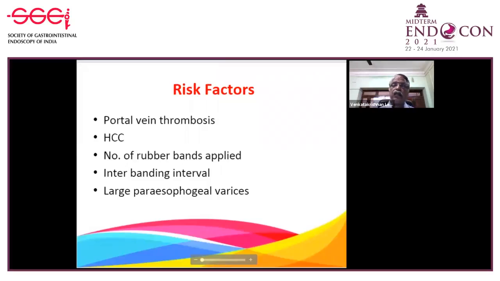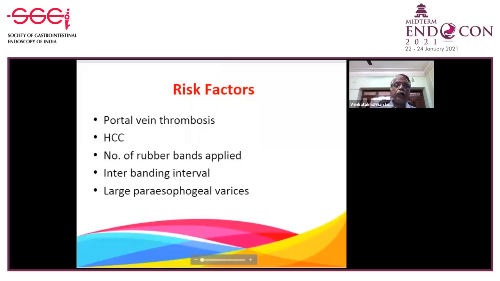In fact, this particular study from Barcelona, Spain showed that the presence of HCC had an 8 times higher risk of rebleed after post-EVL ulcer. And it has been shown that the mortality in the presence of HCC is close to about 39% in these patients.